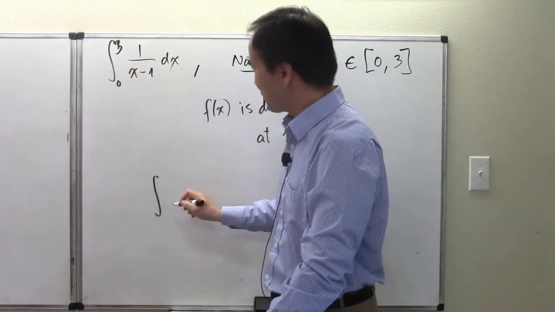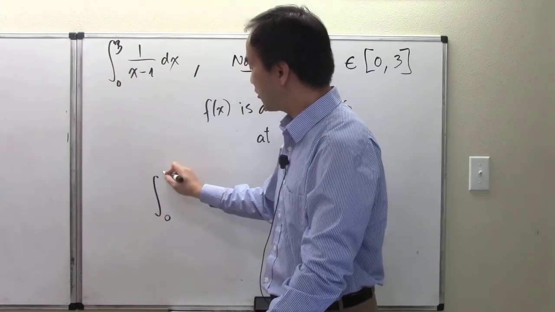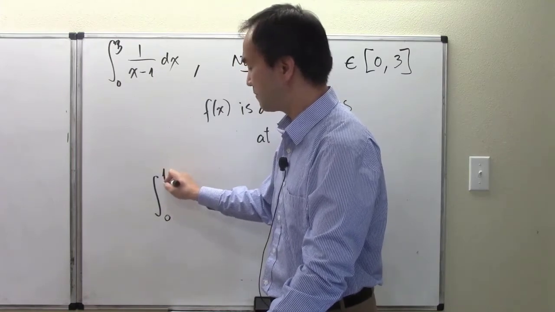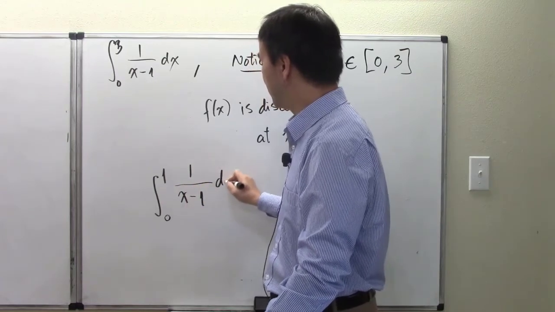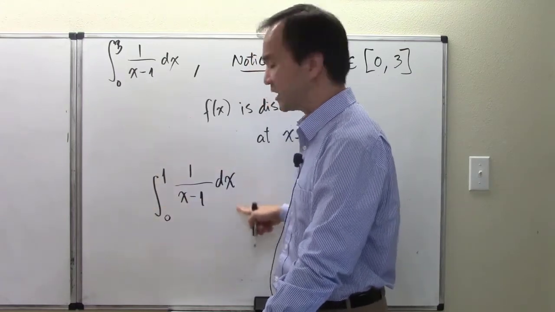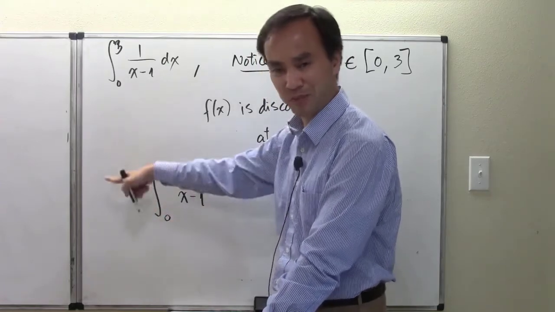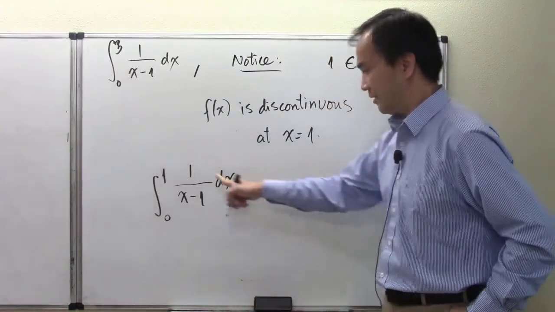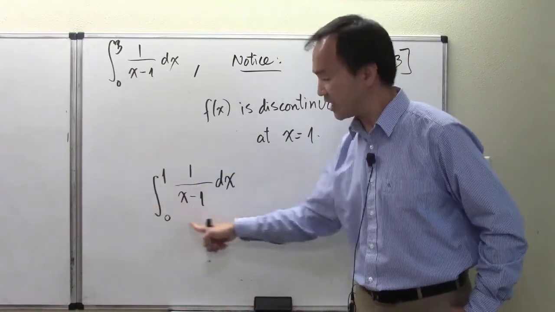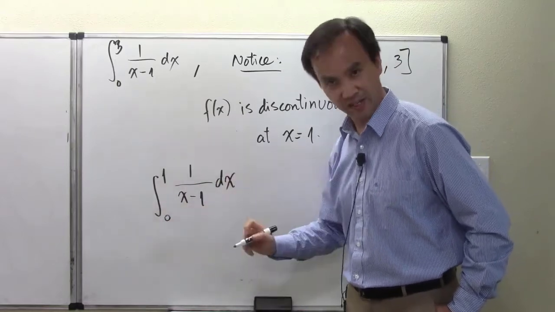why don't we think about making an integral from 0 to 1 on this function, 1 over x minus 1. So this is clearly an improper integral of one of the two types we have been introduced to just earlier. And of course we haven't found out whether or not this integral is finite or convergent yet.